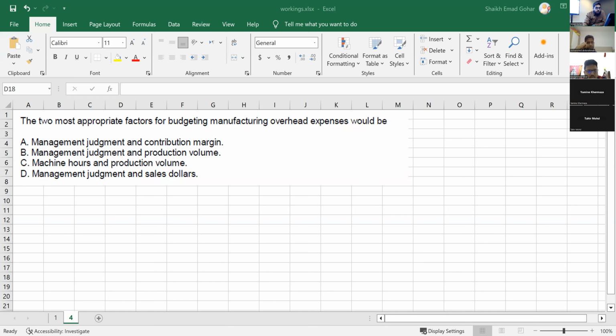So another question we are doing is, they are saying the two most appropriate factors for budgeting manufacturing overhead expenses would be what? Management judgment and contribution margin; management judgment and production volume; machine hours and production volume; management judgment and sales dollars.